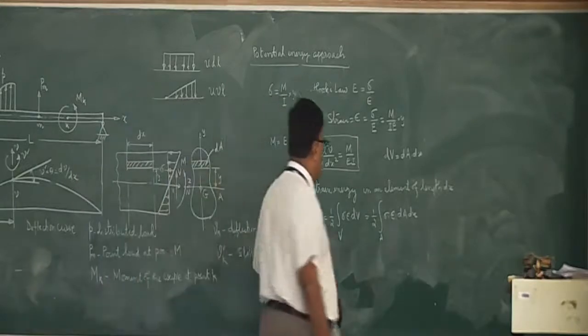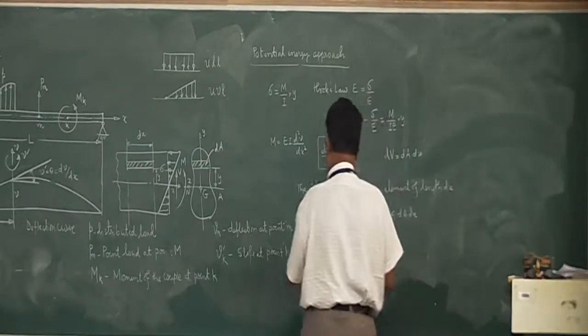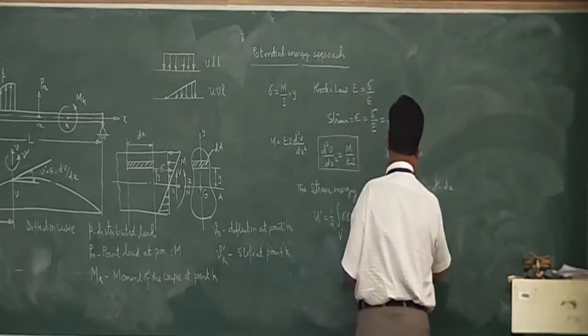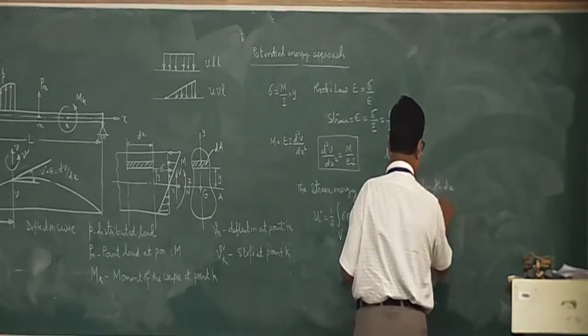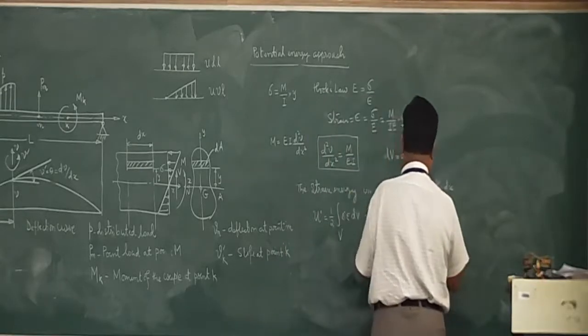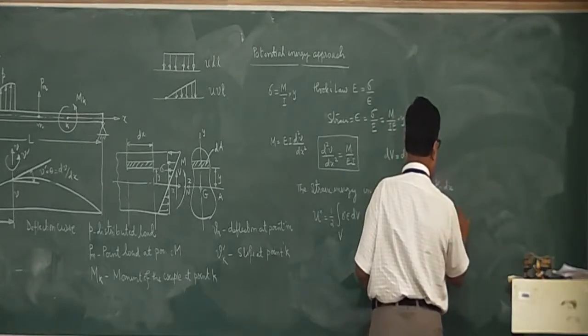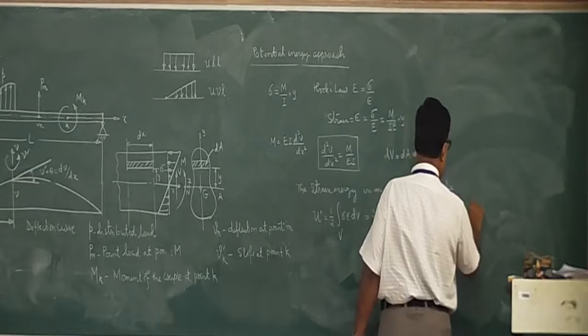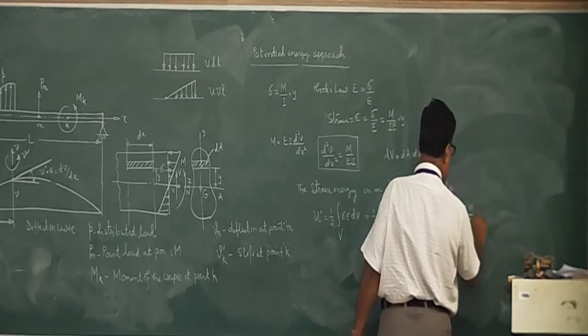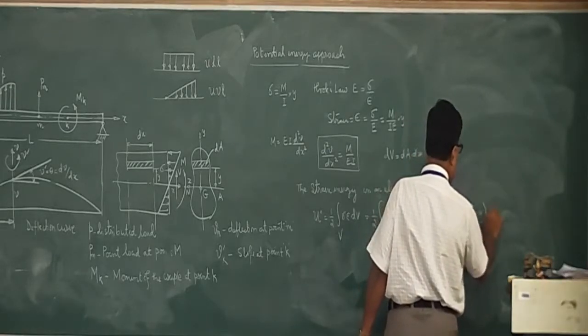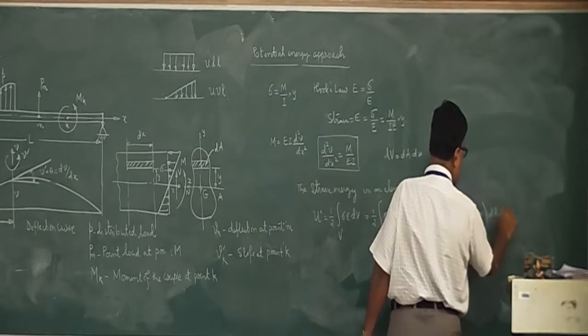Now let us substitute this. What is this? You tell me what we will substitute. Half integral over area, sigma is M by I into Y, and epsilon is M by IE into Y into dA into dx. I will write like this.